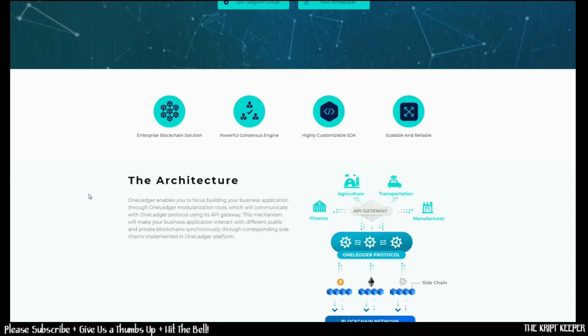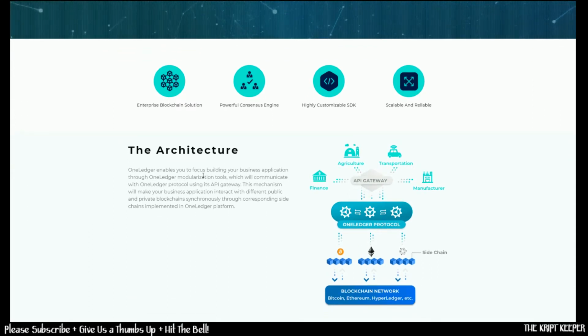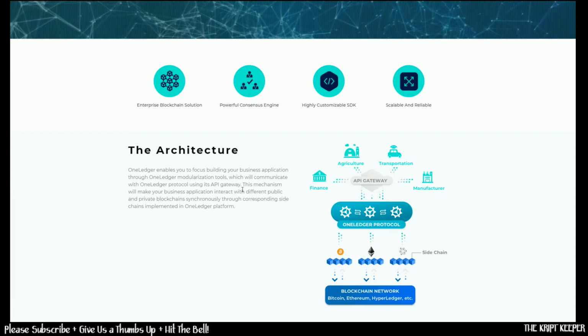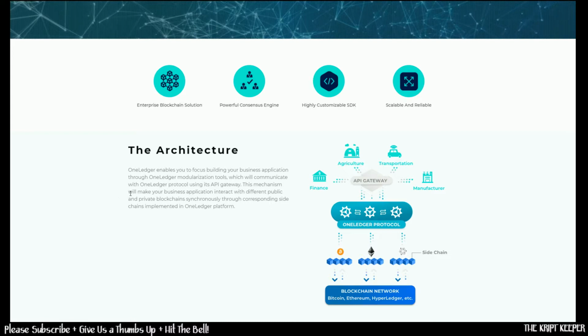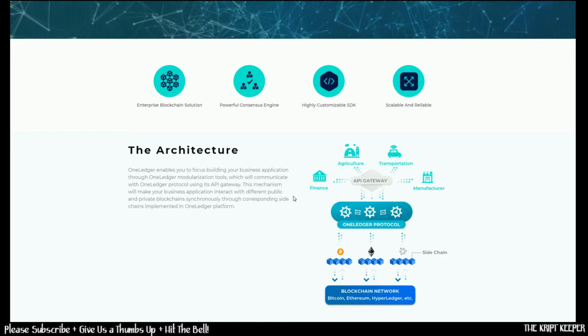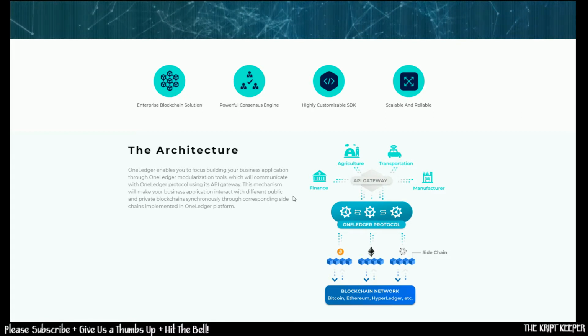The architecture. OneLedger enables you to focus on building your business application through OneLedger modularization tools, which will communicate with the OneLedger protocol using the API gateway. The mechanism will make your business application interact with different public and private blockchains synchronously through corresponding sidechains implemented in the OneLedger platform.